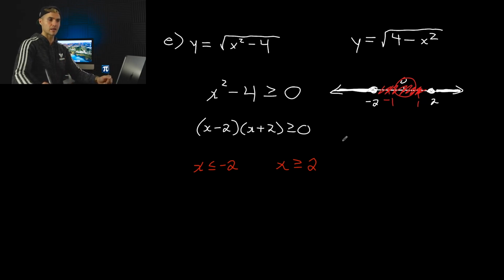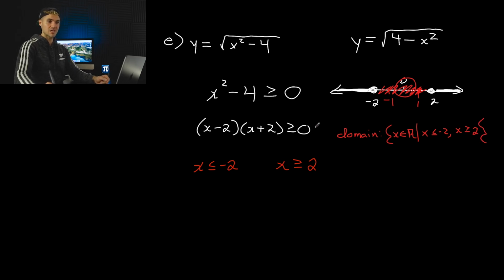And so what we would say here is that the domain for this relation is: x can be anything, as long as it's less than or equal to -2, or greater than or equal to +2.